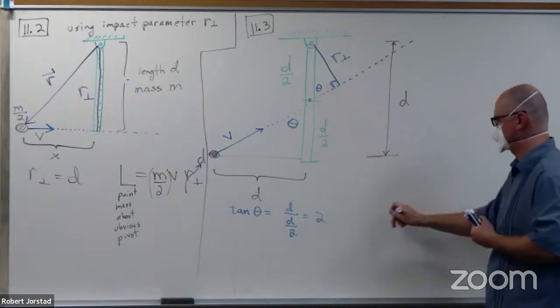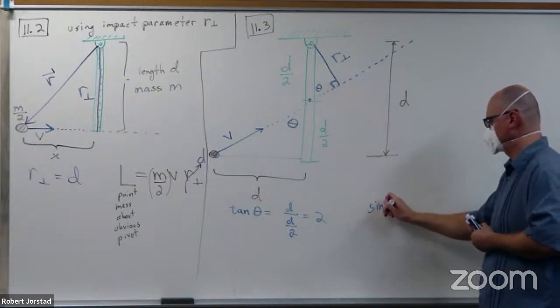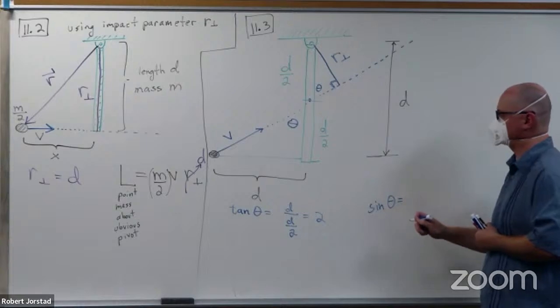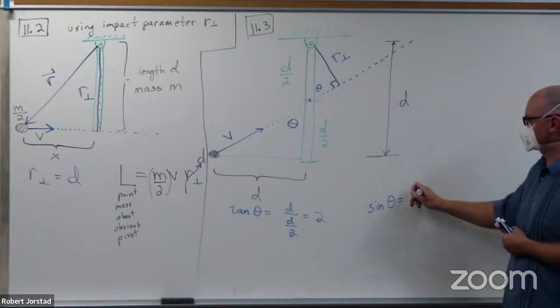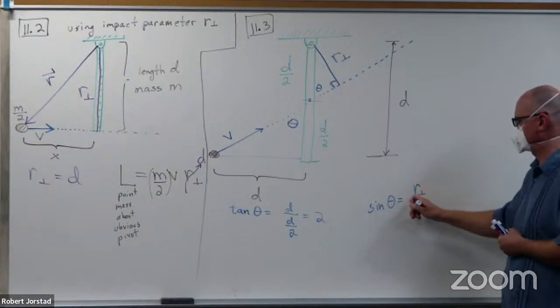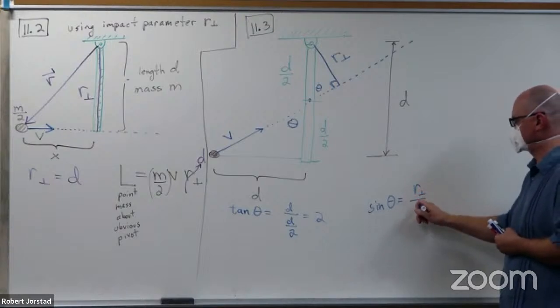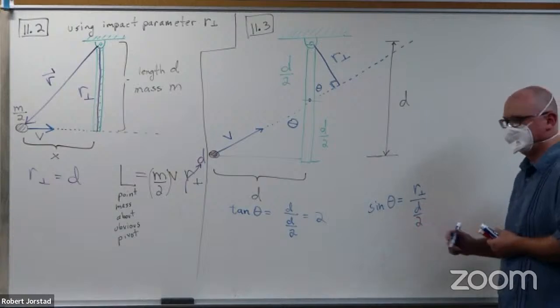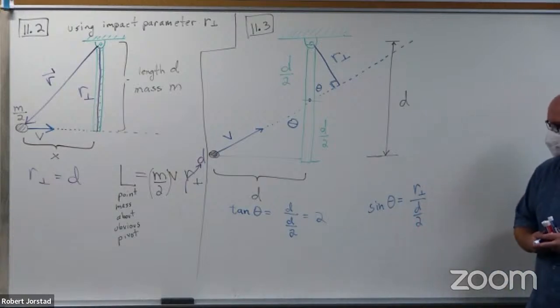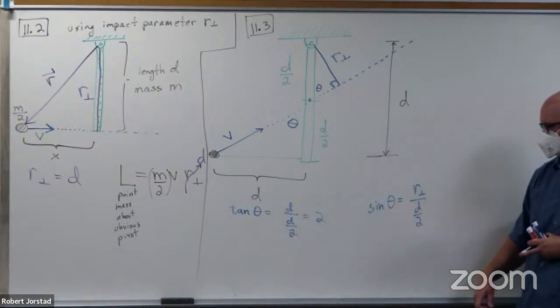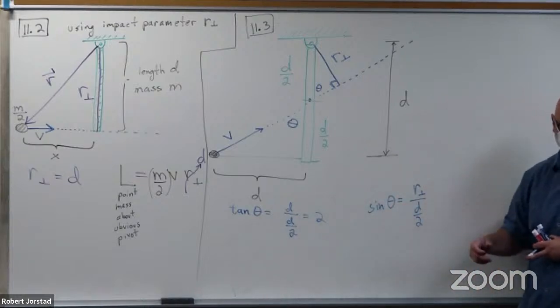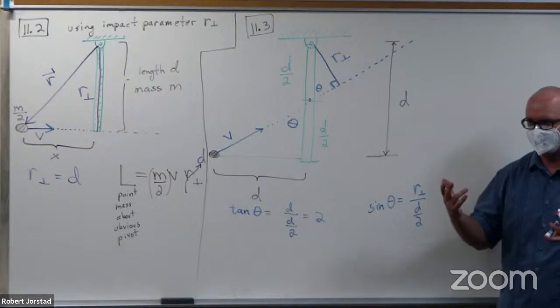I really appreciate the extra time. I swear I'm stopping as soon as we get this. That's going to be R perpendicular over D over 2. In theory, we know what theta is. You could plug theta in and get R perpendicular in terms of D.